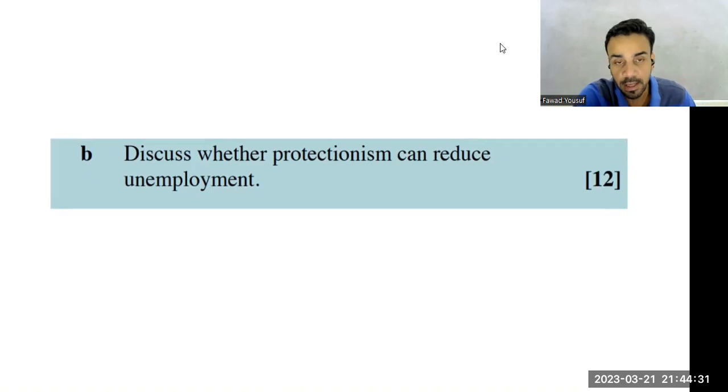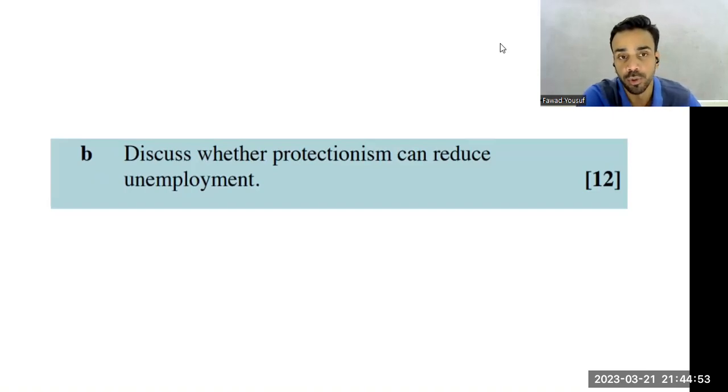ठीक है? And if those different industries are not protected, how would that impact unemployment? Well, clearly, those industries are not protected, there's going to be more unemployment. So if we protect those industries and we let them flourish and we let them grow and expand, they're going to hire more and more people.